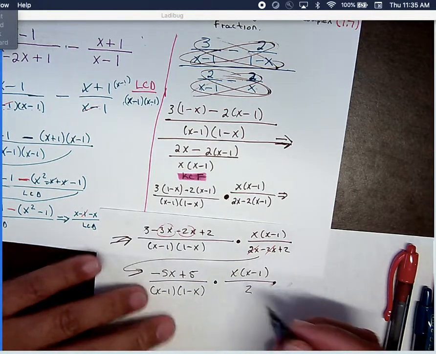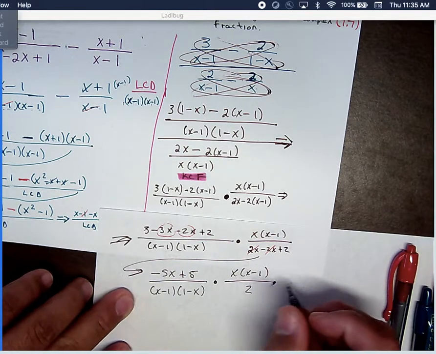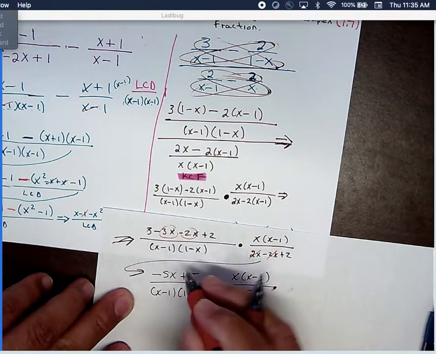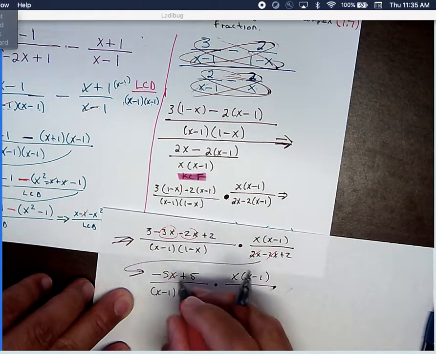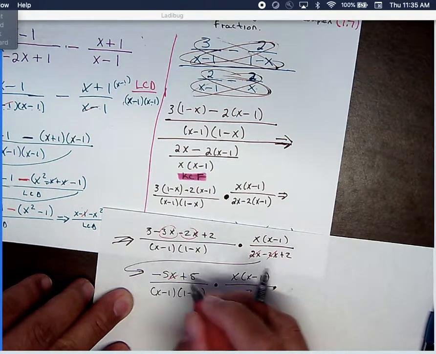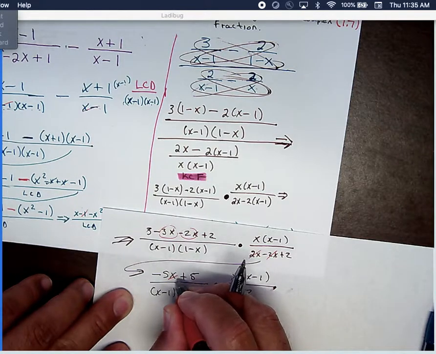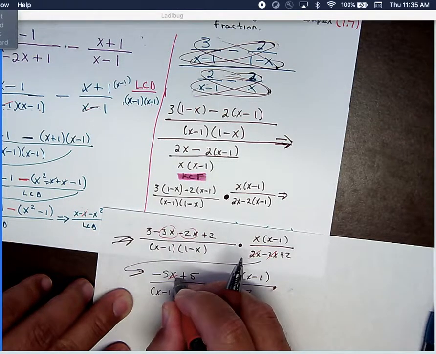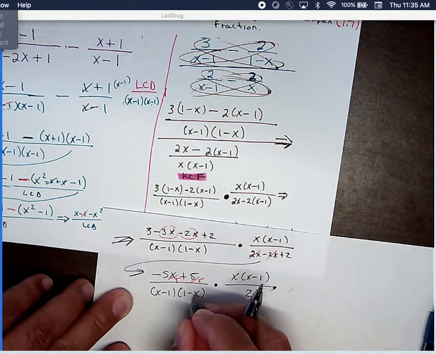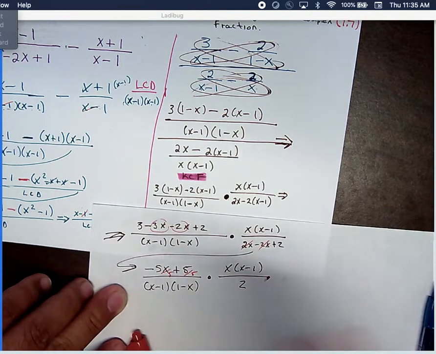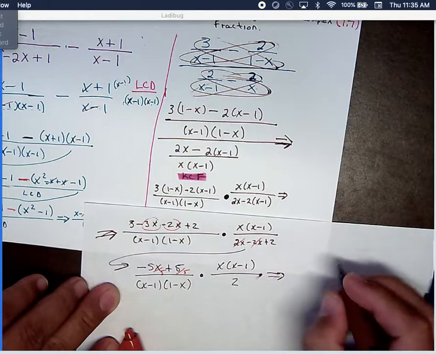Okay. So I think I can GCF negative 5 from here. Yeah, it's just a 5. I'm gonna make it look like this one. That way I don't have to move things around anymore. So 5.